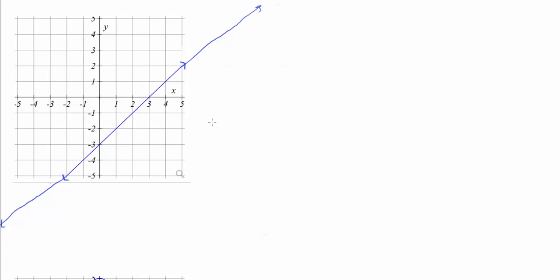So that means that it will eventually reach every x coordinate, and it will eventually reach every y coordinate. So both the domain and range are the entire real number line, which in interval notation is the interval -infinity to infinity.